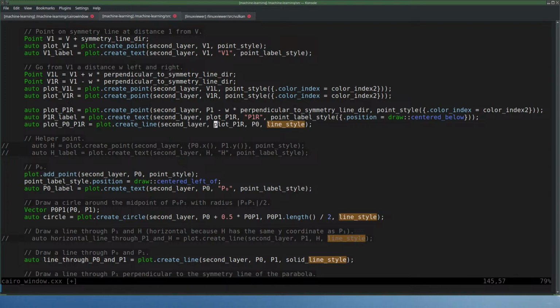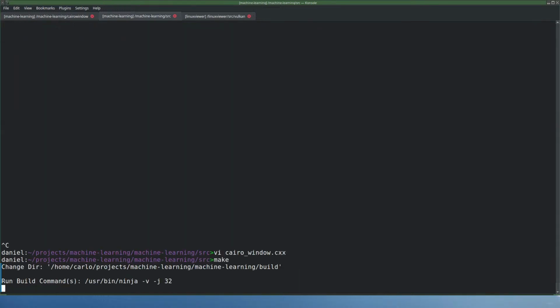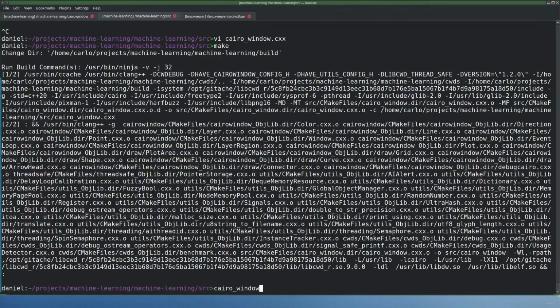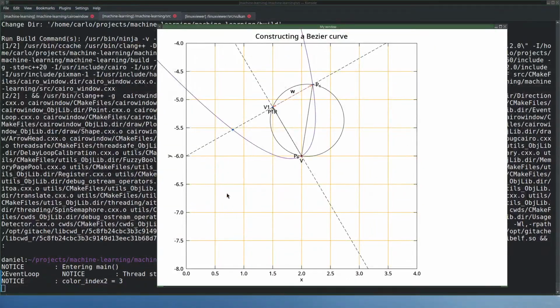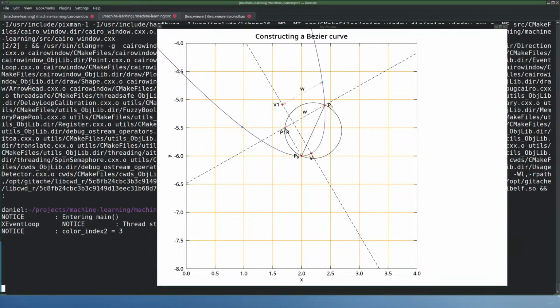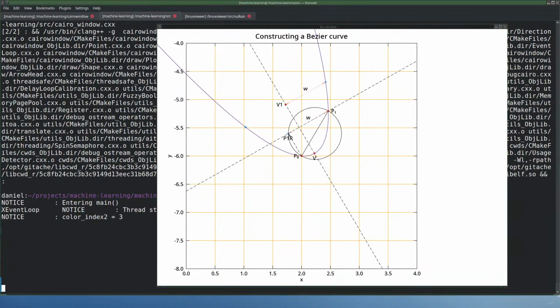And then we go from P0 to P1R. And I'm going to make it a connector. And I think that works immediately, but it should by default give me an arrowhead in that direction. For some reason, oh, that did work.